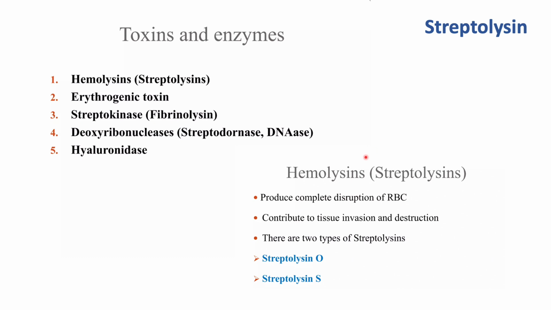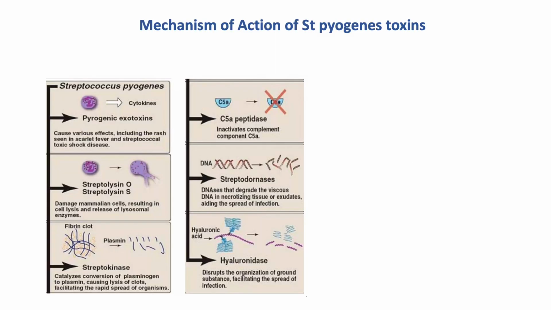Streptococcus pyogenes produce 2 distinct hemolysins termed streptolysin O, which is oxygen labile, and streptolysin S, which is serum soluble. Both of these streptolysins lyse erythrocytes, which are the RBCs, polymorphonuclear leukocytes and platelets by forming pores in the cell membrane. Streptolysin O belongs to a family of hemolysins found in many pathogenic bacteria.